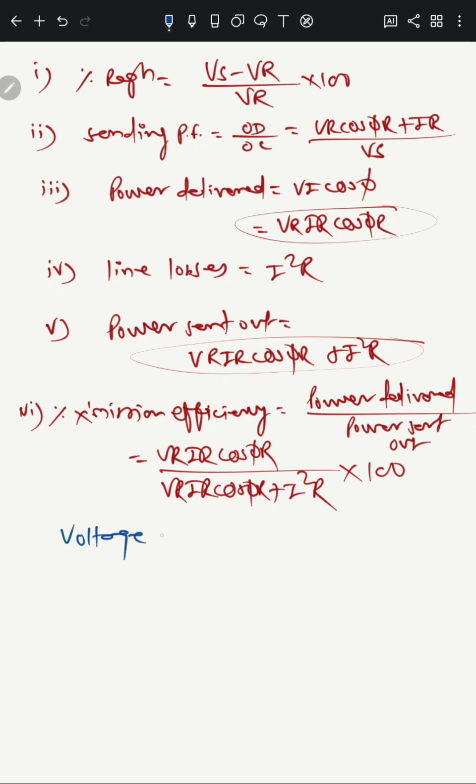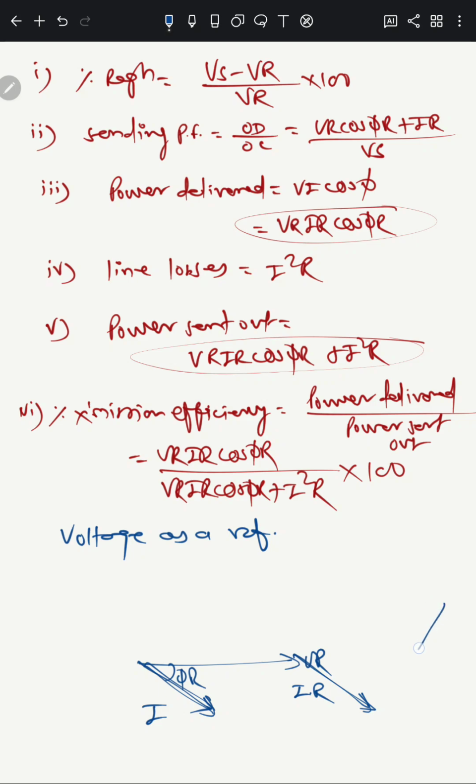So the diagram will be, this is the reference voltage Vr, then current is lagging the voltage by an angle phi r, I and IR in phase, so that is why I into R will be in phase with this current, so the direction will be same.